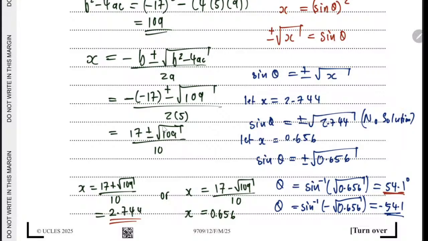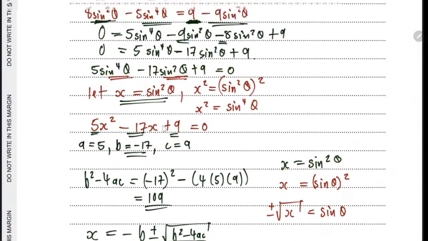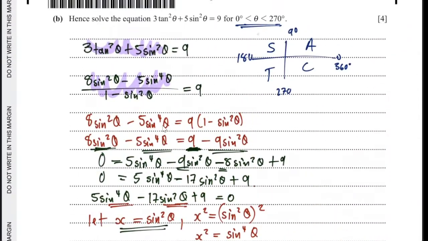Because if you look here, sine theta was plus or minus this. Is it true? So we are going where we have sine theta be positive and where we have sine theta be negative, right?